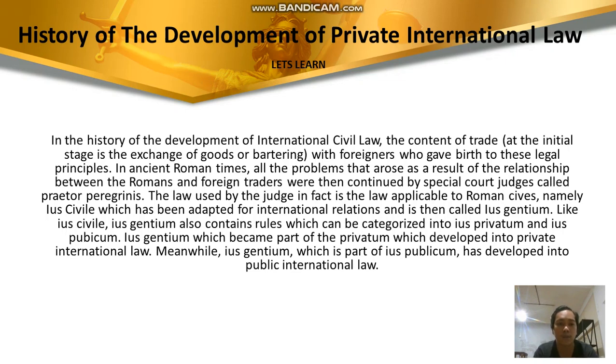In the history of the development, the trade with foreigners gave birth to this legal principle. In ancient Roman times, all the problems that arose as a result of the relationship between the Romans and foreign traders were handled by special court judges called praetors, or praetorians.